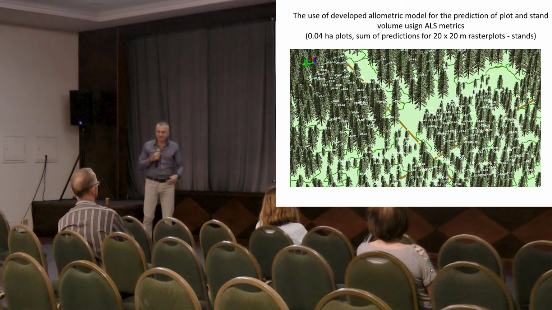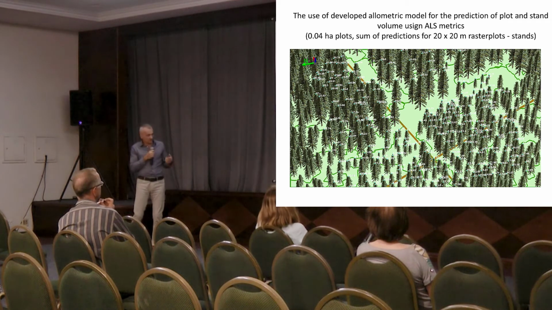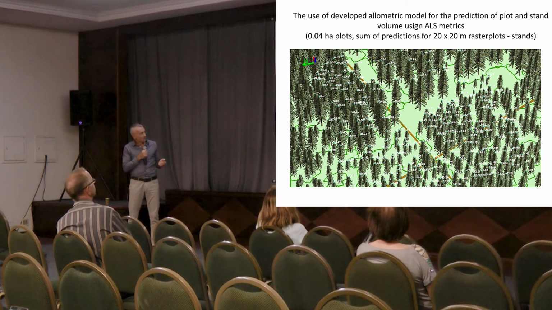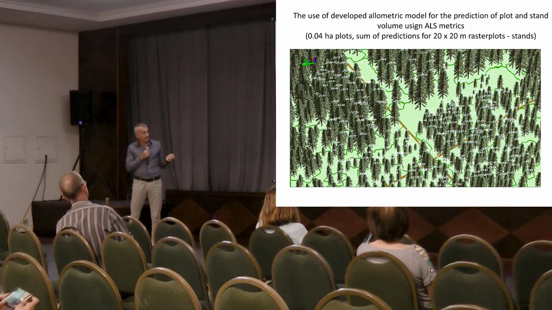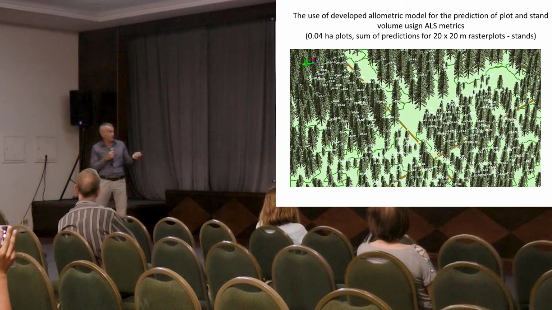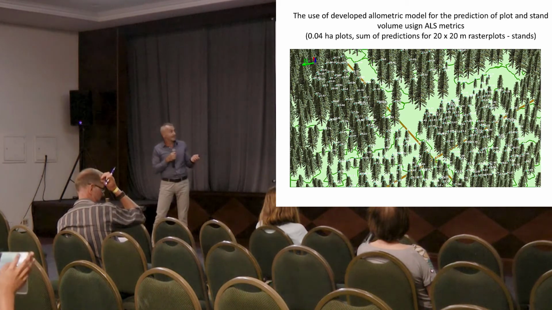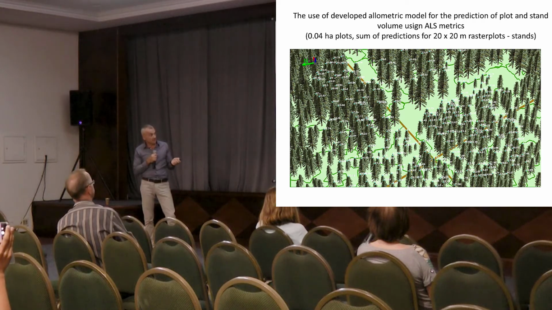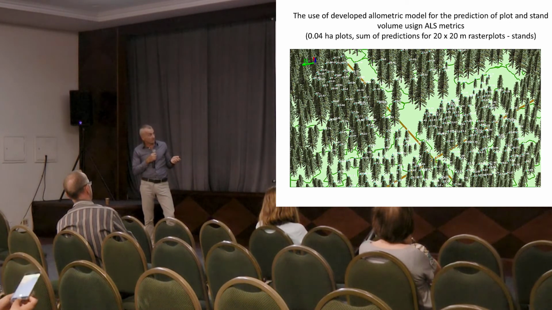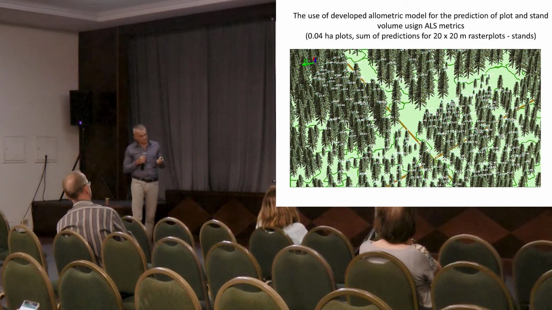After development of the allometric model, we use it for prediction of volume for the test plots, for test plots of different sizes, and for the stands. And in the case of stands, we use also 400 square meter raster plots.